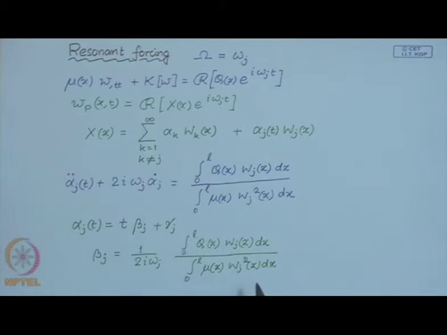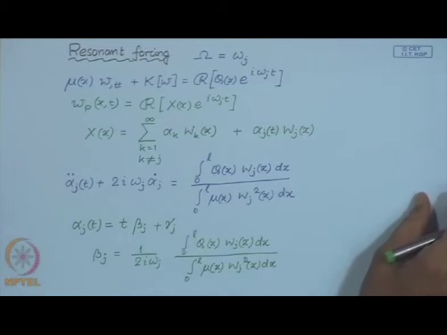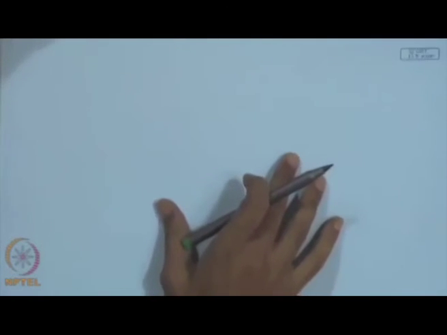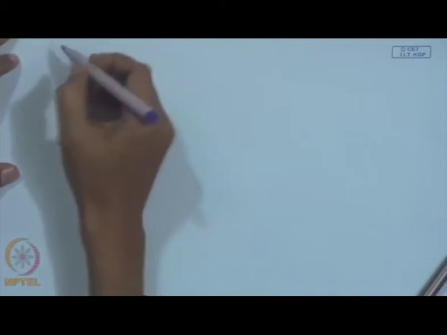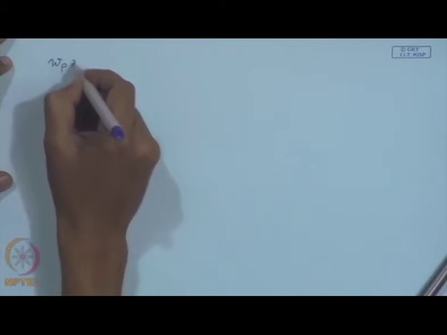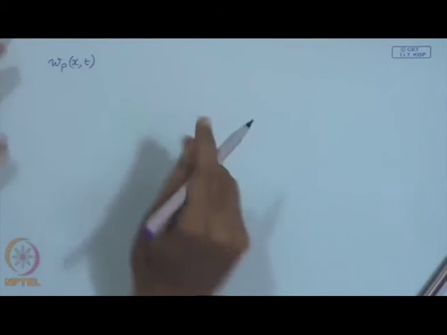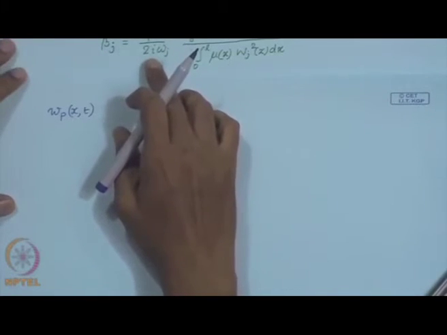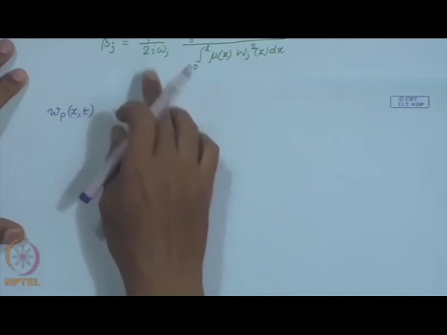So this is the solution for beta j, and once you have this solution for alpha j, you can substitute this in this expansion, and what you will obtain is... Here, as you can see, there is one 2i in the denominator of beta j.